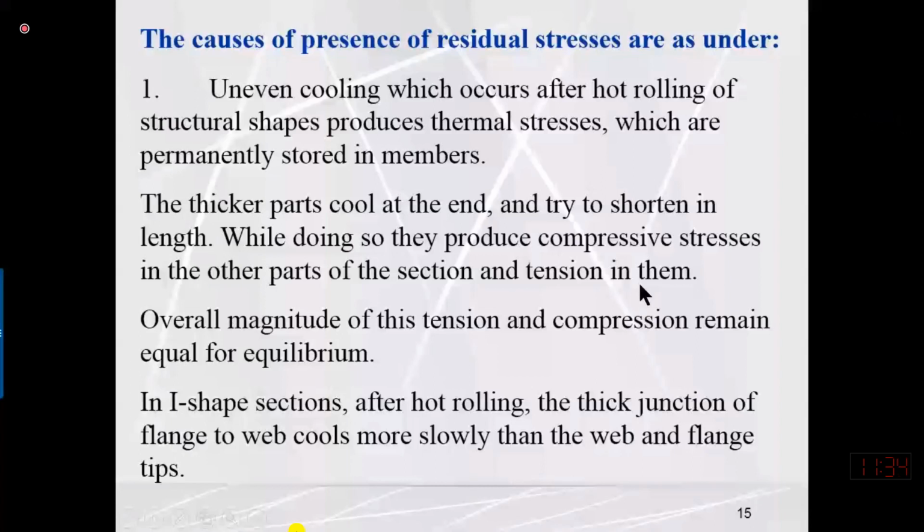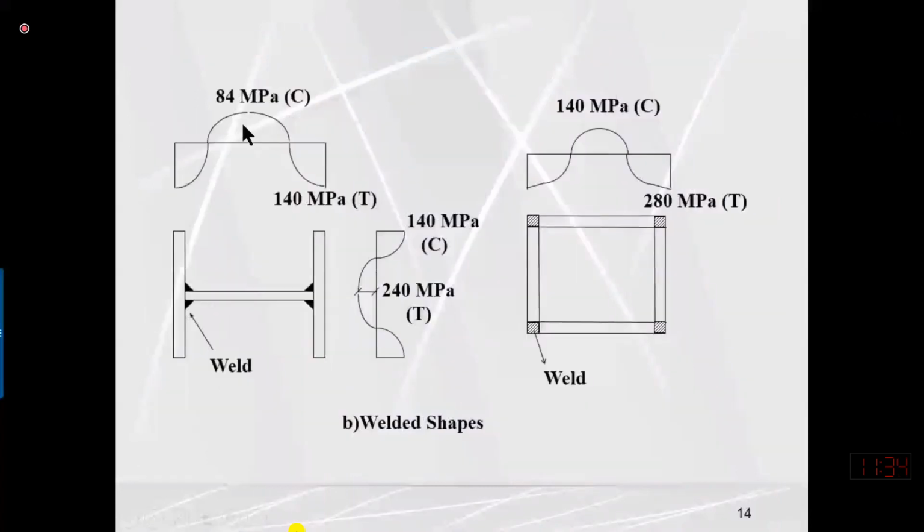It means that the compressive forces developed in the member due to compressive stresses and the tensile forces developed in the section due to tensile stresses will be in equilibrium. So net stresses are equal to 0 along the cross section. But some portion will be in compression and some portion in tension.